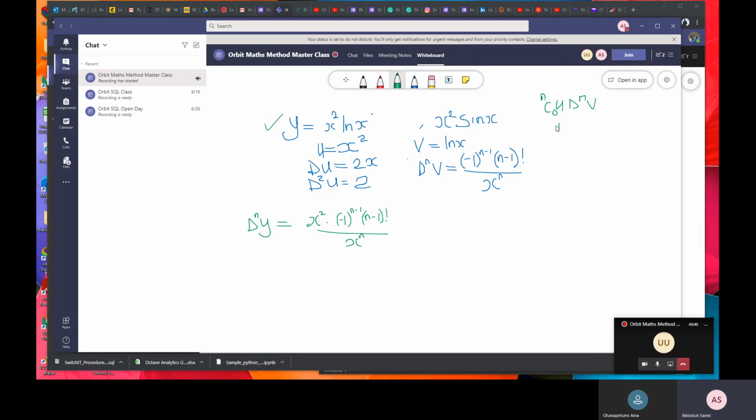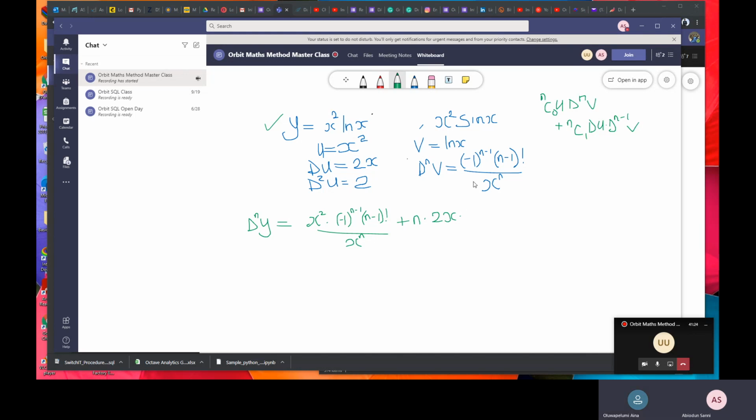So what's the next term? Plus n combination 1 times du times d^(n-1) v, right? Yes. So that will be plus my n combination 1, what is n combination 1? n. Times du. My du is 2x, as you can see on the screen. Now d^(n-1) v means anywhere I see n in my d^n v, just put n minus 1. Do you understand?